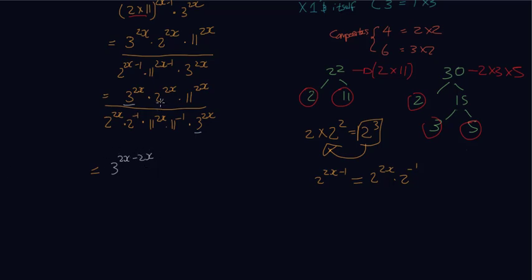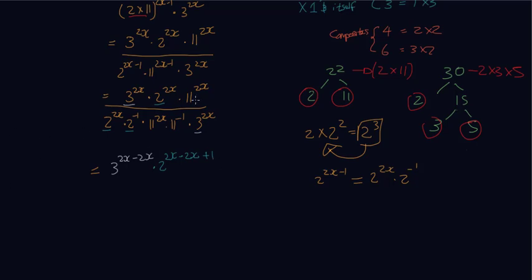Then looking at base 2, it's times 2 to the 2x; the exponent of 2 in the denominator becomes negative, minus 2x, and the exponent of 2 from the negative 1 becomes positive, plus 1.